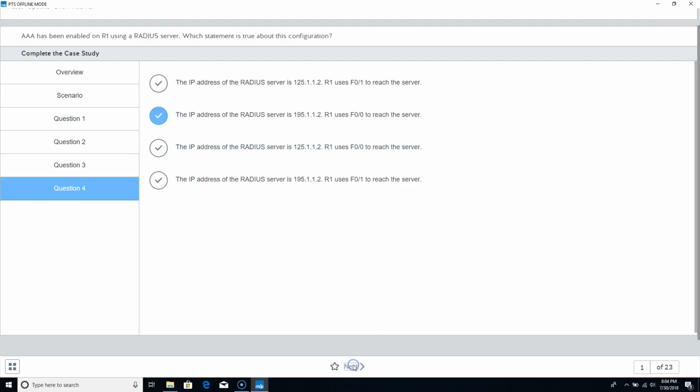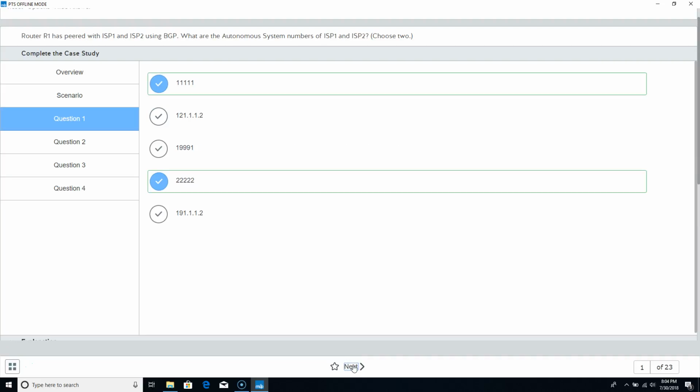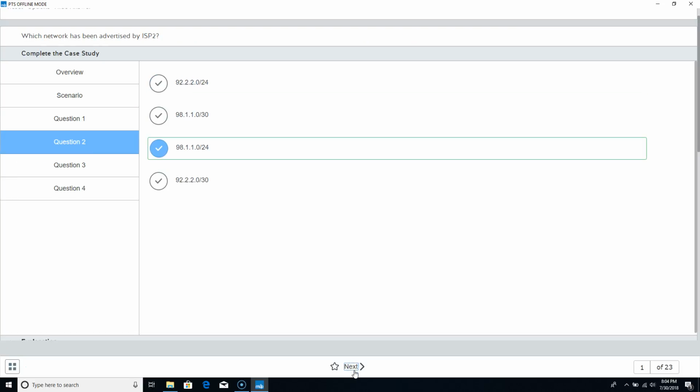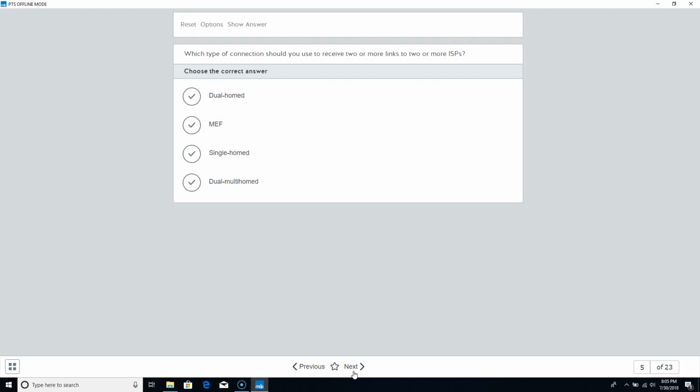Now next. Which type of connection should you use to receive two or more links to two or more ISPs?